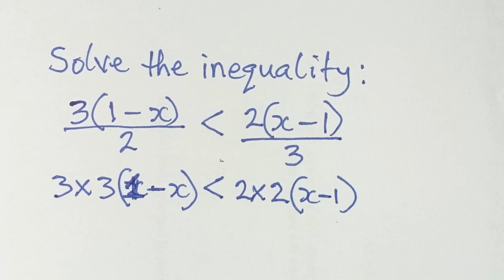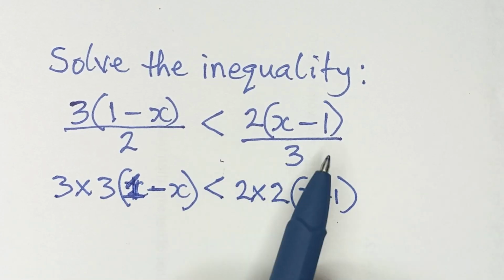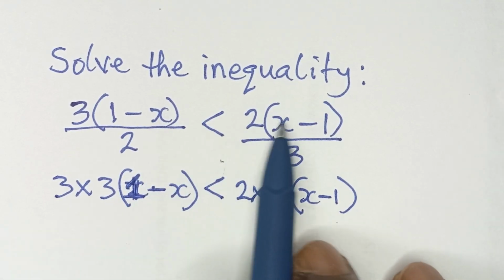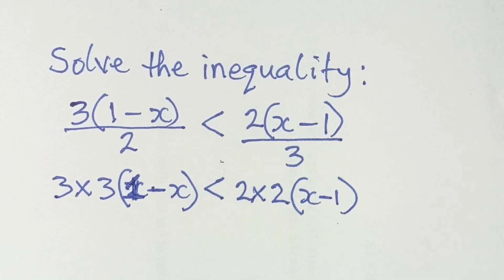Now that we have cross multiplied, we can simplify. Please take note that the sign remains the same because we cross multiplied to the left hand side. If you are cross multiplying to write the right hand side first, you have to reverse the inequality sign. So that is the trick that you have to be careful about here.